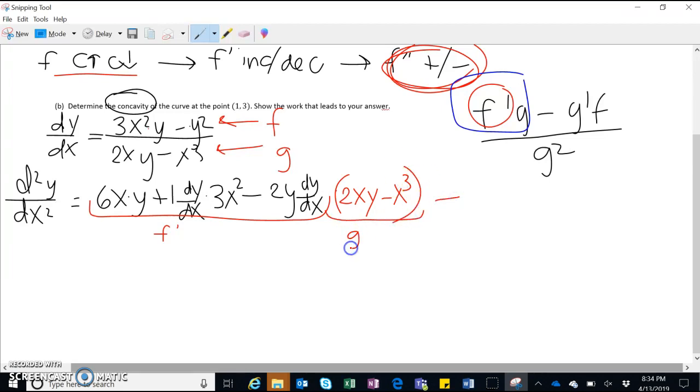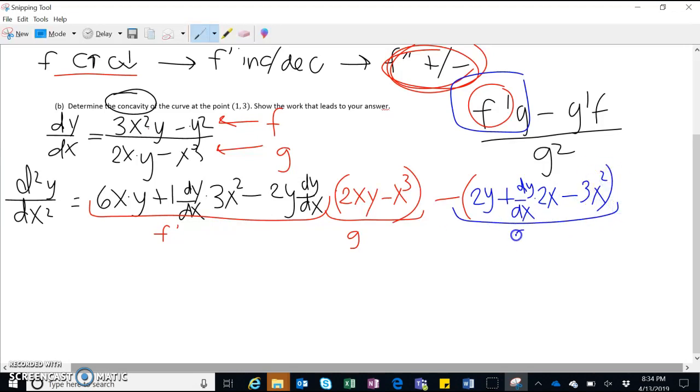Now, oh good lord, I'm going to try to find g prime times f, so the derivative of the bottom, which also has a product in it, and I'll multiply that by f in a second. Product rule: derivative of 2x is 2 times g, which is y, plus the derivative of y, which is 1 dy dx, times f, which is 2x, minus the derivative of x cubed, which is 3x squared.